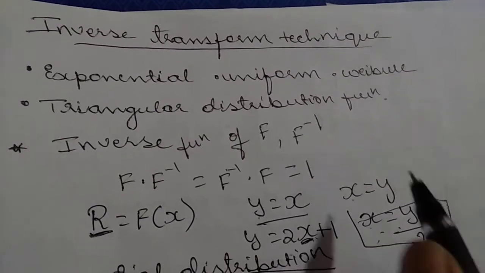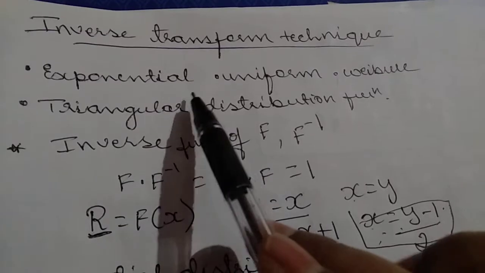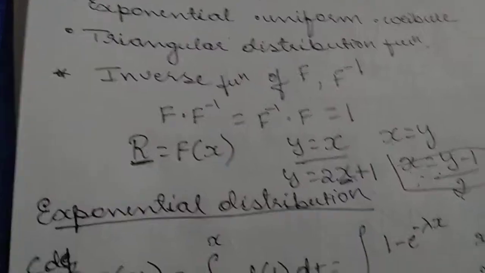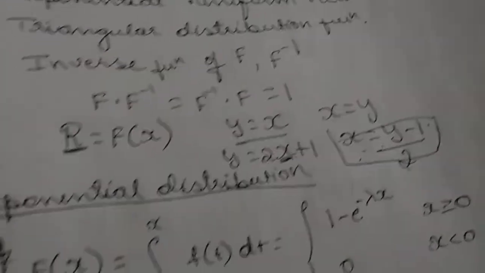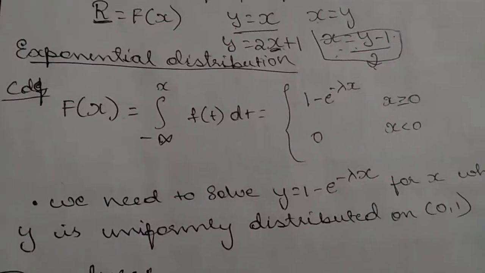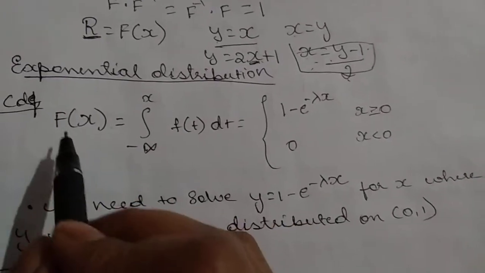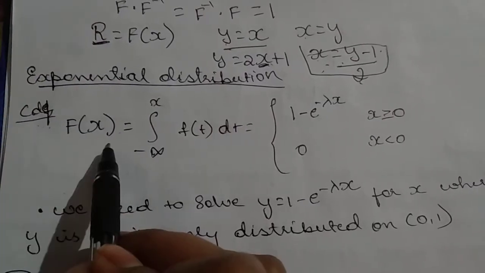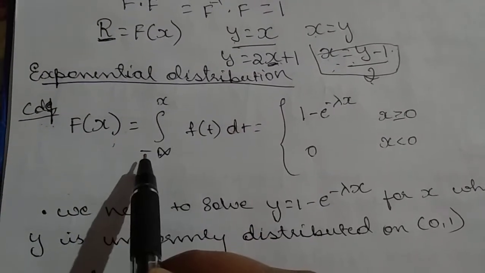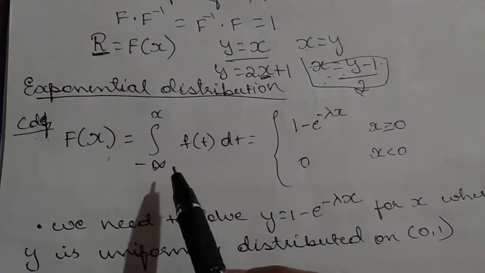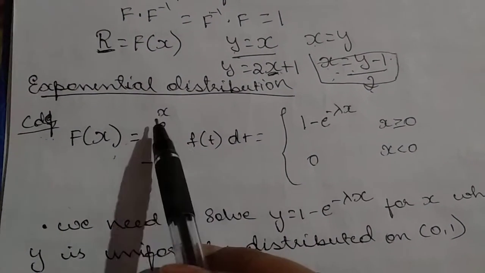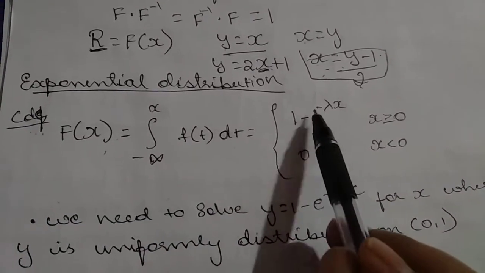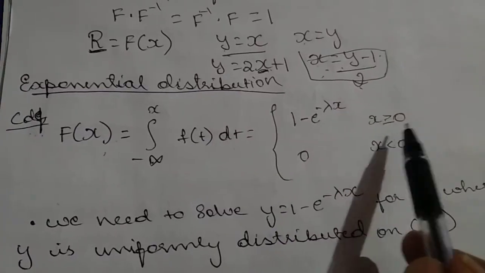In this way, you can define so many distribution functions by using inverse transform technique. First, I'll go for the exponential distribution. Exponential distribution, already you know, we'll do this with respect to the mean. See, this is the CDF, the cumulative distribution function, f of x, given as the integral from minus infinity to x of f of t, that is 1 minus e power minus lambda x, where x is greater than or equal to 0.